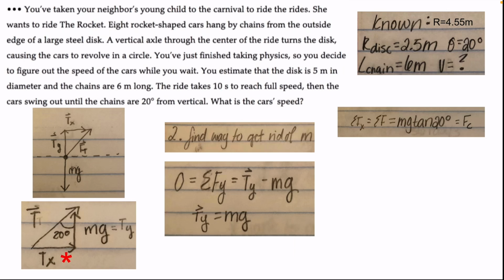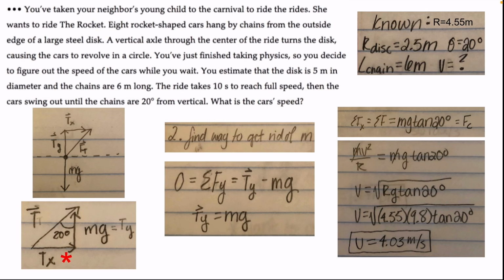So that comes out as being mg tangent 20. And since this is circular motion, we also know that net force is mv squared over r. So we can set those two equal to each other. And luckily the mass does cancel here.